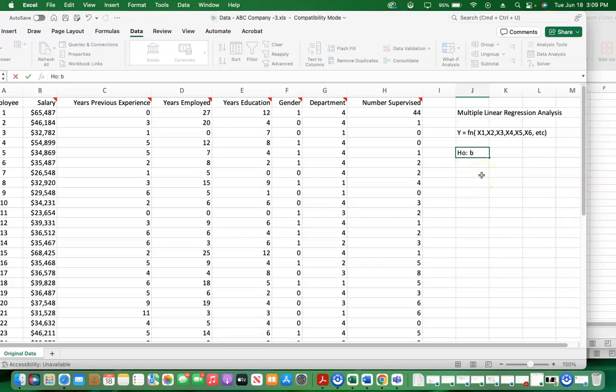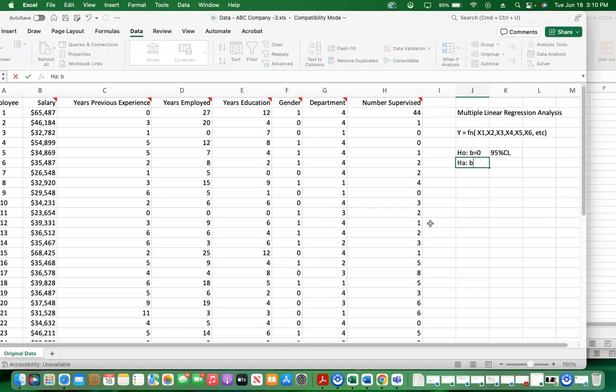So the null hypothesis will be that the slope is more or less the same as 0, and therefore we'll consider the p or the probability, which is 95% confidence level.